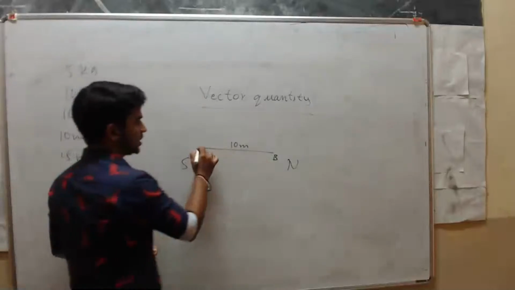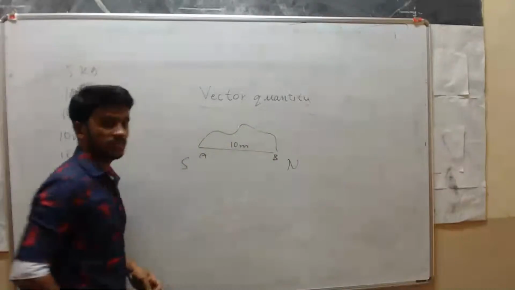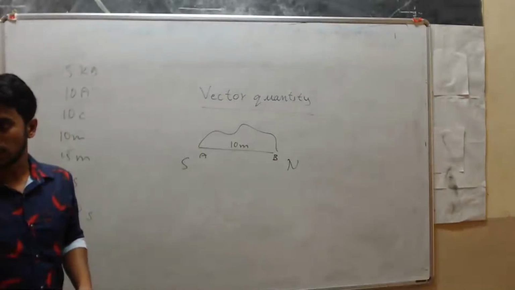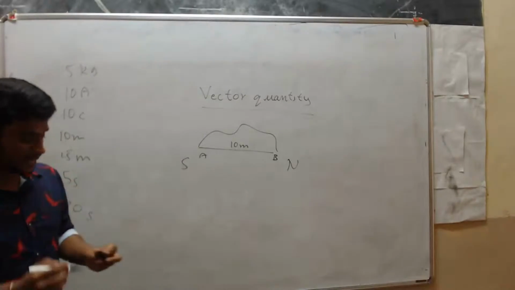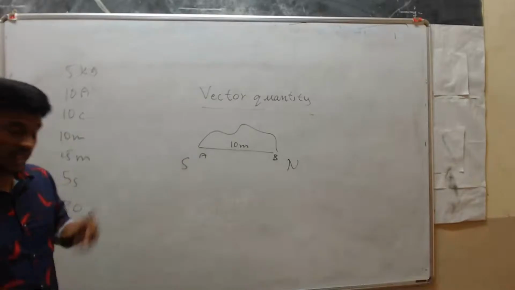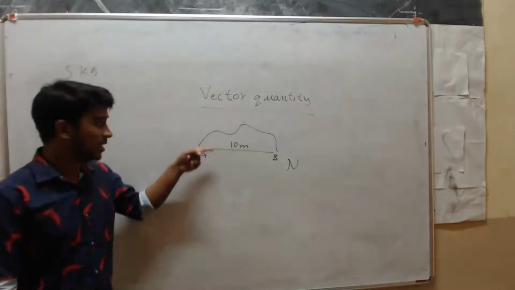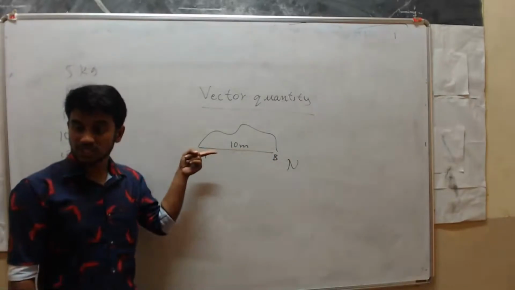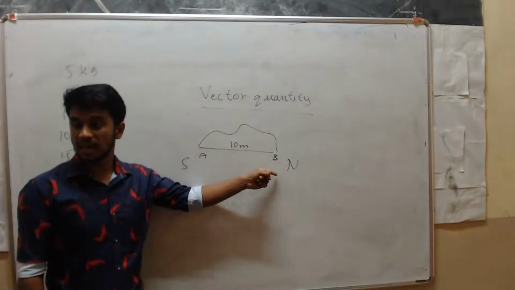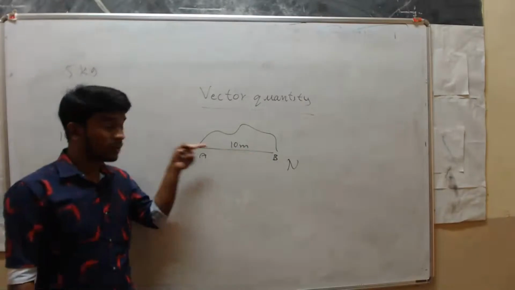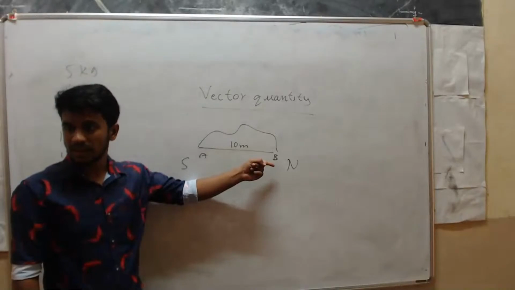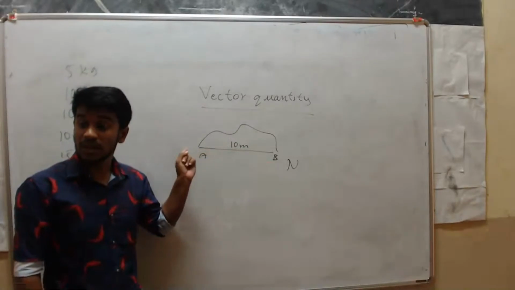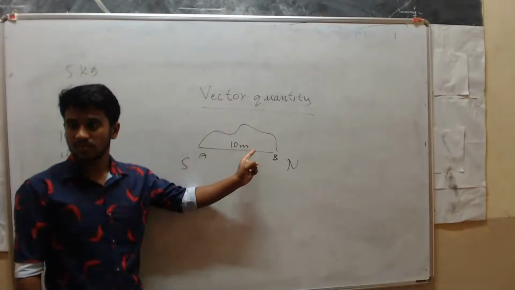If that object travels using another path, then we won't call it displacement. If you want to calculate displacement of that object, then it should travel in this path only. It means it should not travel in a zigzag way, it should travel in one particular direction. Clear? It should travel in a particular direction.